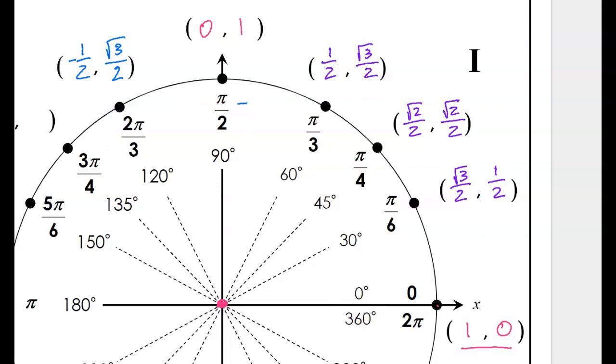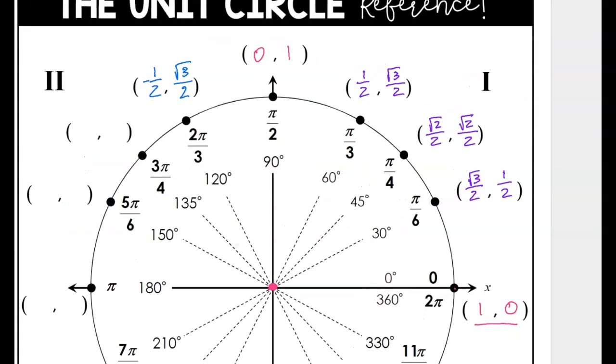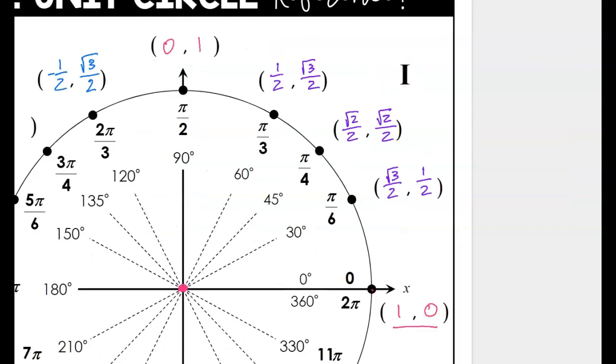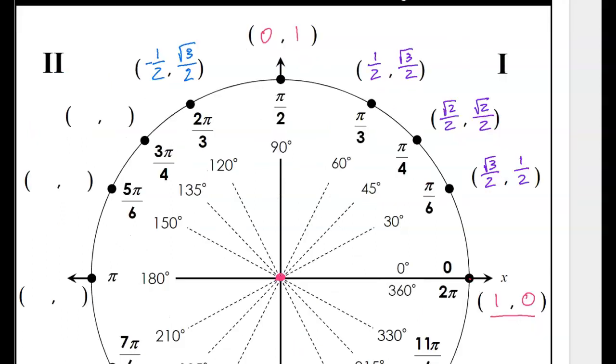Does someone want to take a stab at what the 135-degree angle is going to be? Exactly. It's negative square root of 2 over 2, and you keep the same y value of this point, square root of 2 over 2. What about the 150-degree angle? What's that going to be?